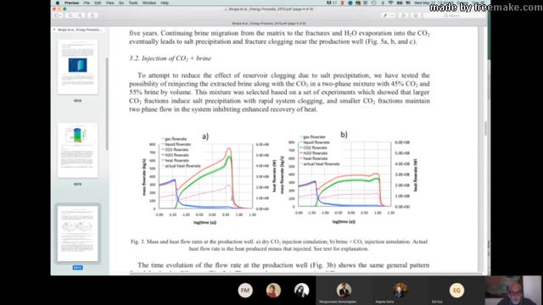Well, the reason is that as you dry out your system, you start precipitating the salt contained in the water. As long as you have a liquid phase, the salt will tend to remain in solution in the water. But if you dry out the system, then your salt will precipitate into the fractures and clog them up, and will not allow the CO2 to flow through the system anymore.